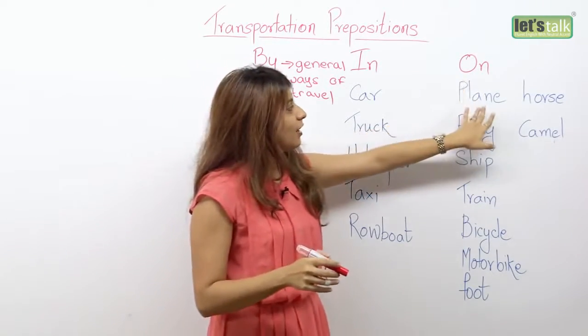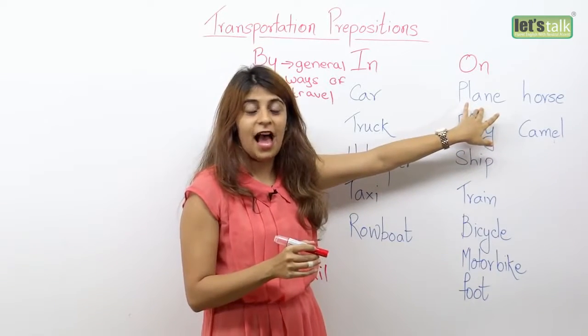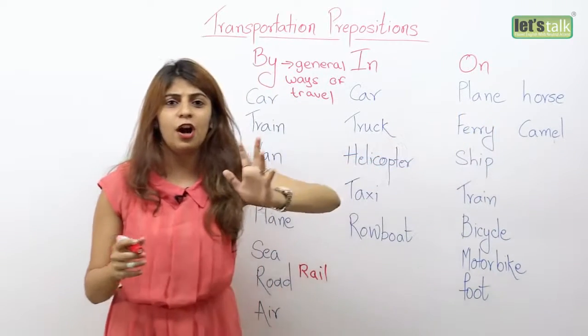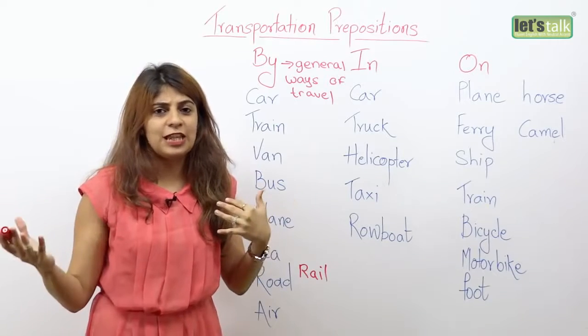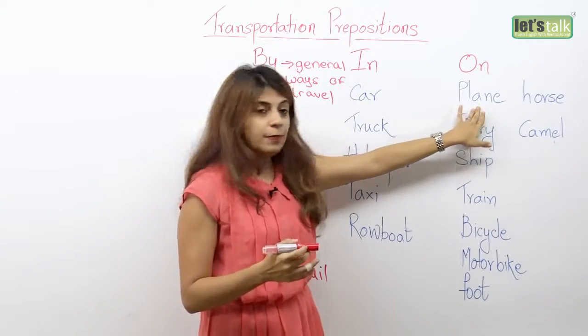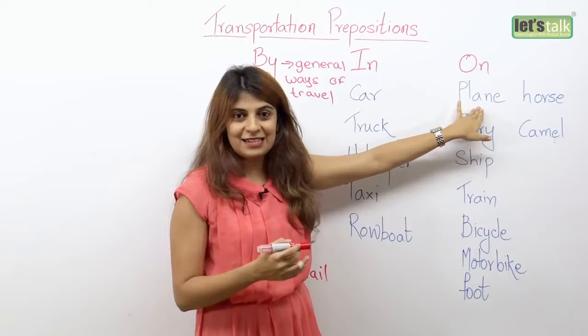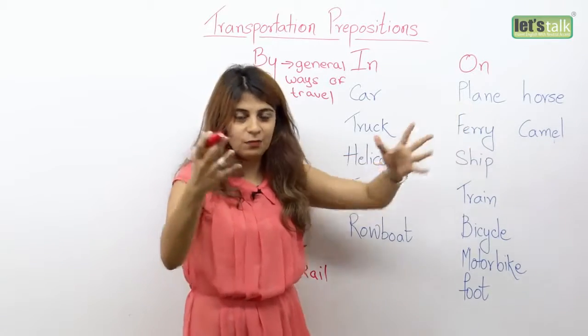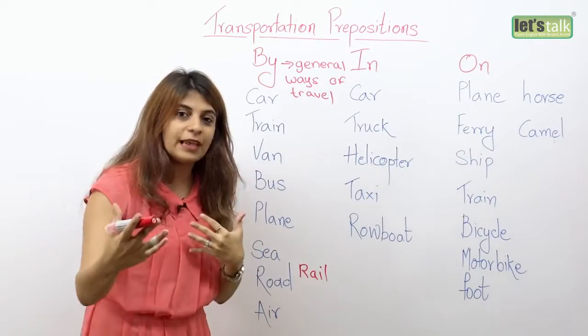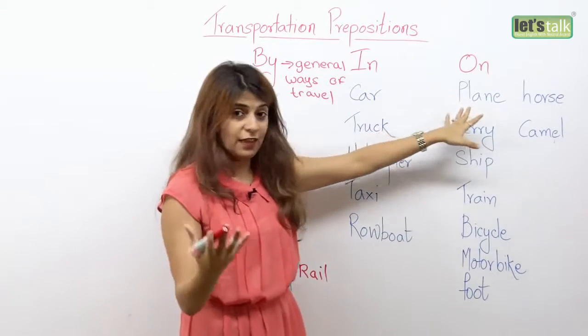So let's have a look. Plane, yes, I'm on a plane. Hey Niharika, where are you? Oh, I'm on the plane, we're just going to take off. So on a plane, of course, you can stand, right? I mean, while you are inside and while the plane is in motion or in the air.